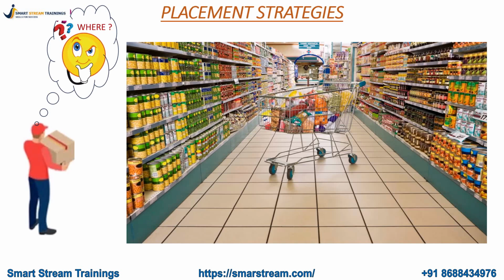So stock removal strategies and put away strategies will get proposed by the system when we do that configuration. That will be very helpful for the resources to put away the products or remove the products for outbound deliveries. So this is about placement strategies.